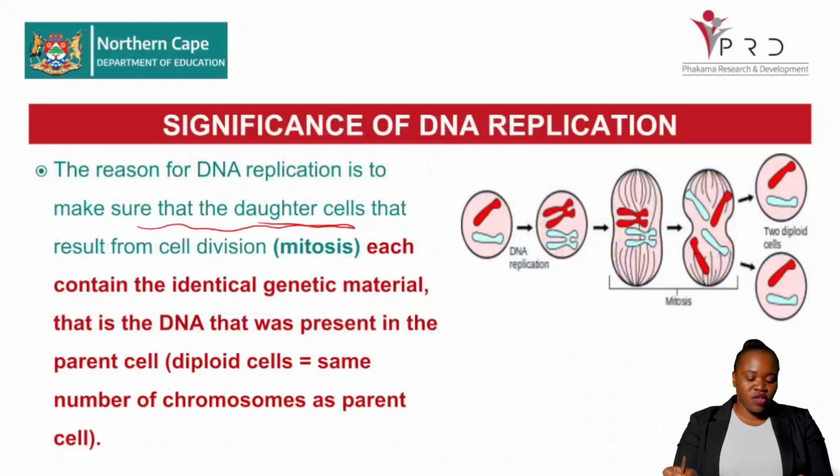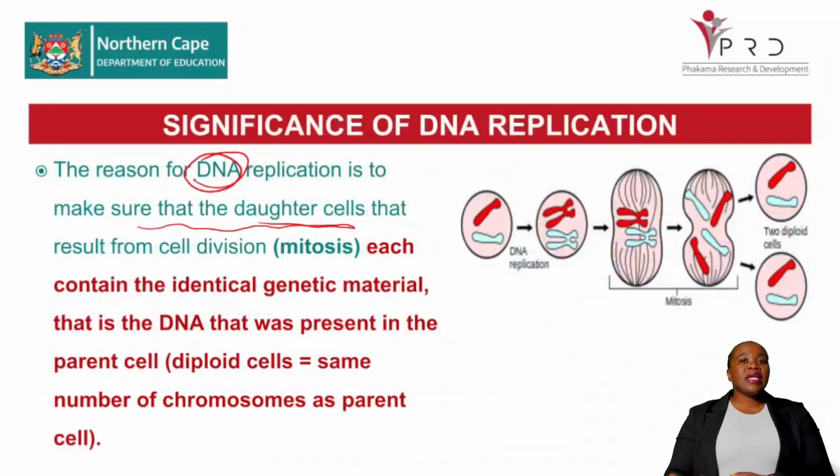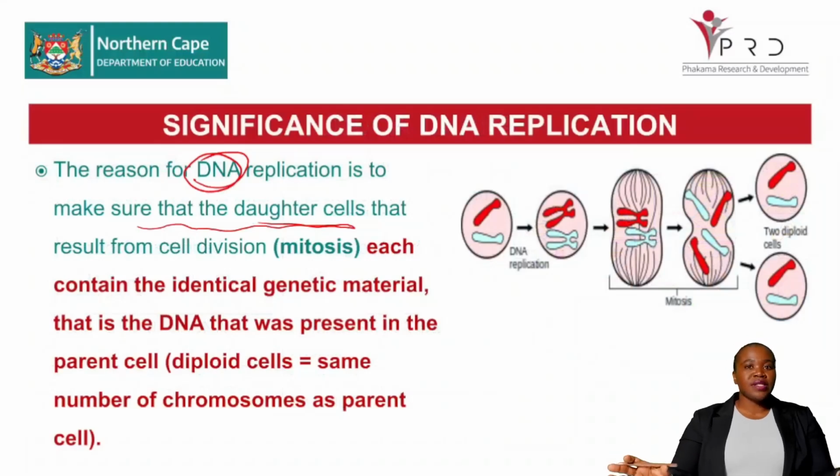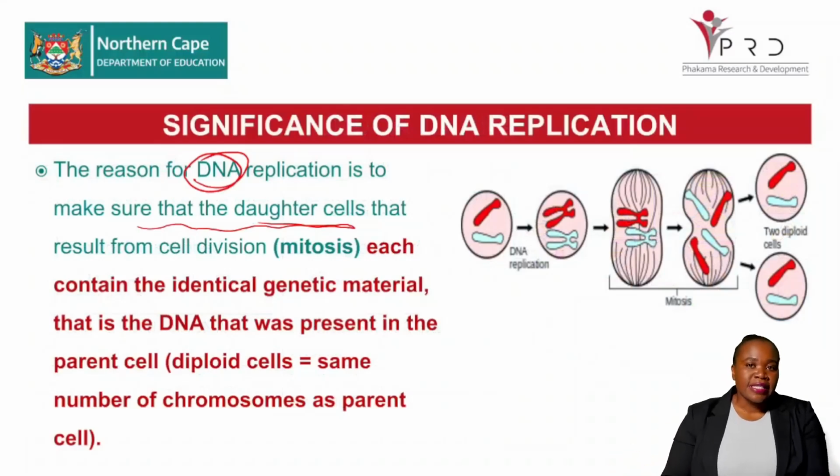Now, when we're talking about this genetic material, we're talking about the DNA. So the DNA must be the same, which means that DNA replication is important for exactly that. DNA replication is important for making sure that at the end of mitosis, the 2 resulting cells have identical DNA or have identical genetic material, right?